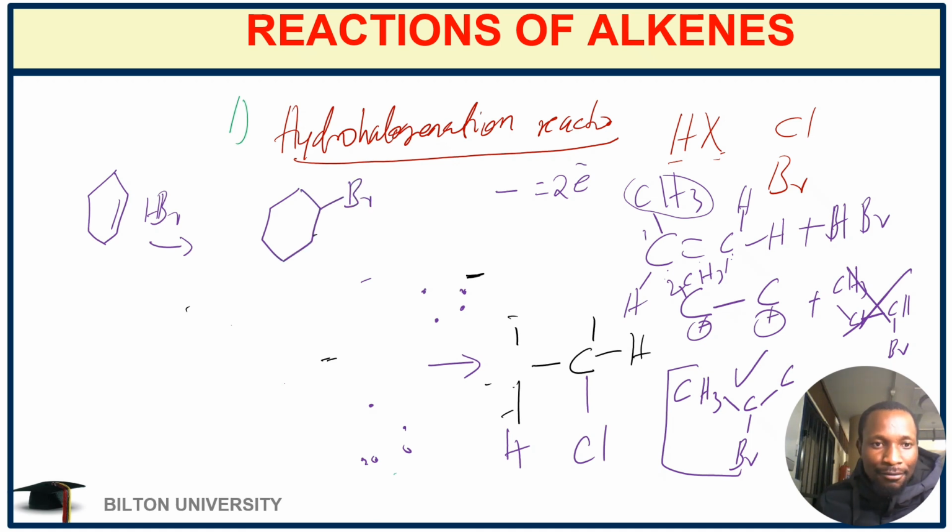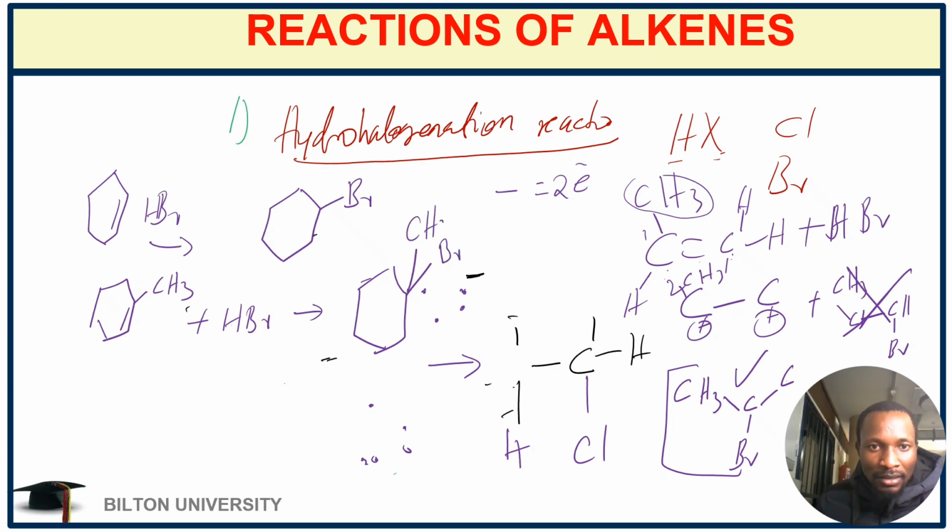But if now we have put a methyl substituent here plus HBr, our product is going to give us, remember, Br goes to the most substituted carbon, so this is our Br and this is our methyl group. So this is the right product.